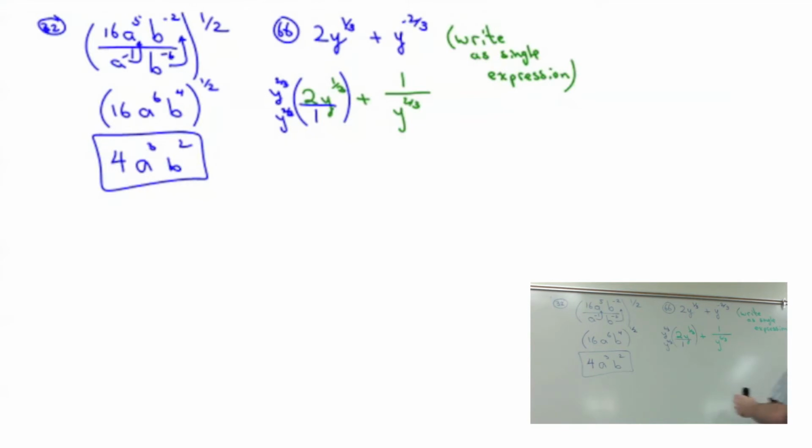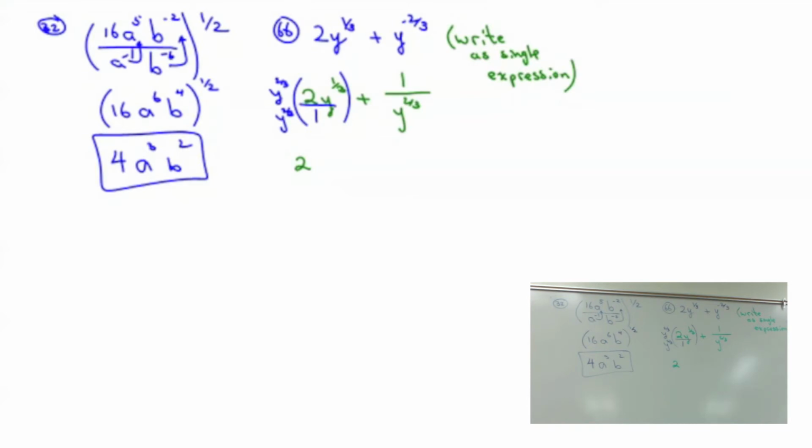Now if I do that, over here, am I missing anything? Yeah, so don't do anything to this side. So let's see here, 2, that's on top for sure. Y to the 2/3 times y to the 1/3. What do I do with the exponents?